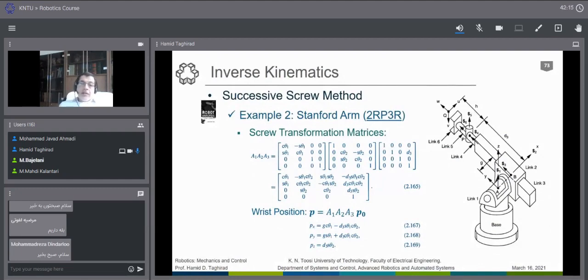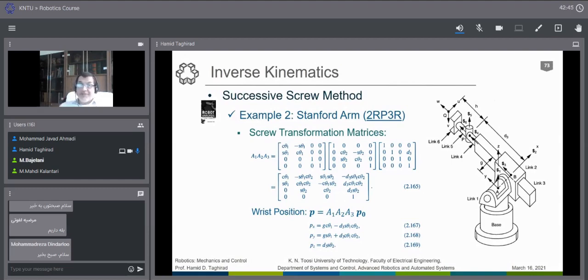This is the very last example that we work out here, and then I will give maybe a few important points at the end, just some remarks to conclude this session and this chapter. The second problem is again a 6 degree of freedom manipulator.